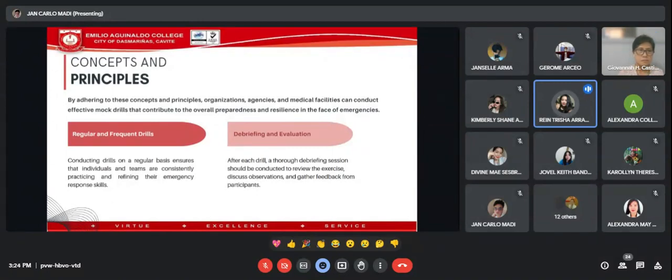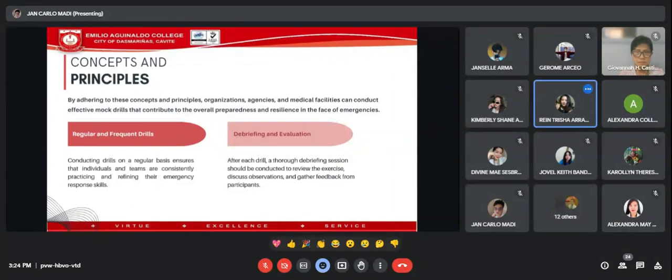And dito naman po sa debriefing and evaluation, kailangan masiguro natin na yung bawat responses or yung procedure or yung process ng mismong response na gagawin natin ay naiintindihan ng bawat isa na kabilang dun sa institution para lahat tayo is informed kung ano yung mga gagawin natin kung sakaling may mangyaring sakuna.